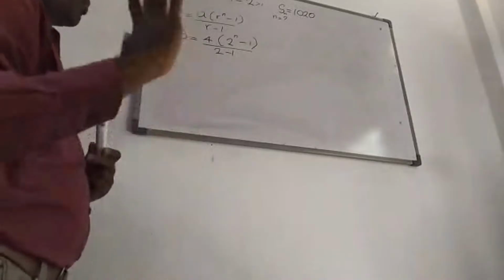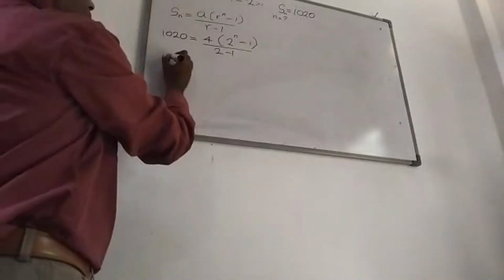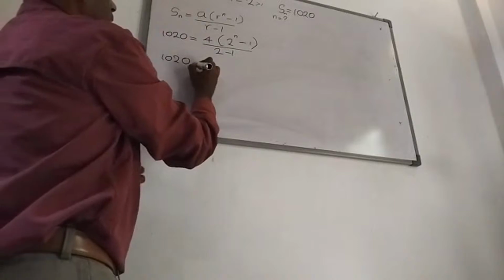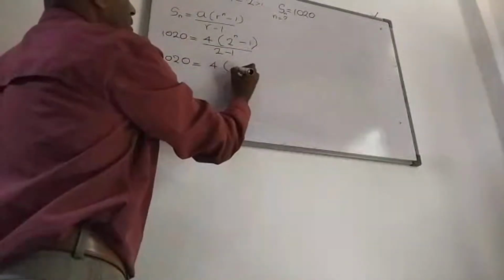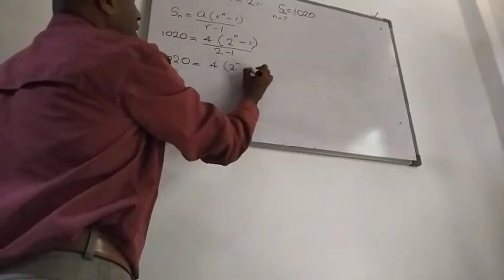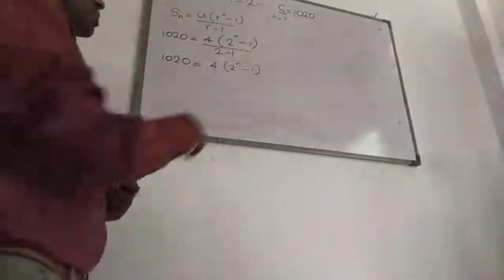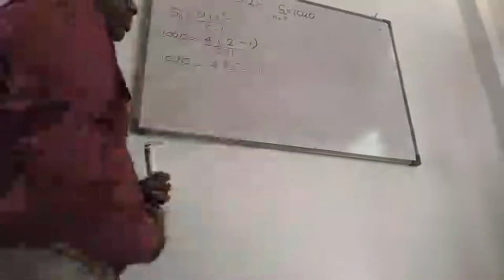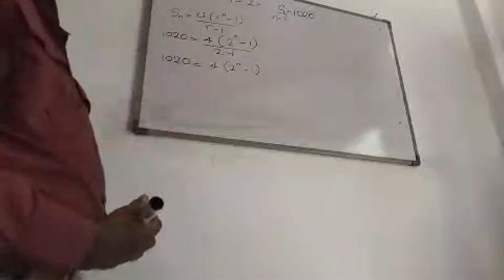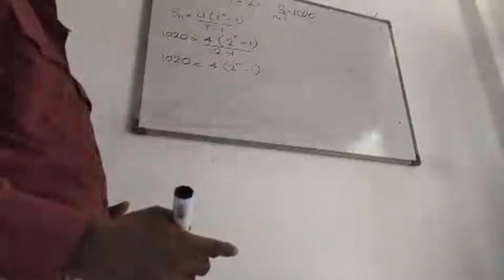Substitution: 1020 equals 4 times 2 to the power n minus 1, divided by 1. You have no need to put it because 2 minus 1 is 1. R is 2, then 2 minus 1.